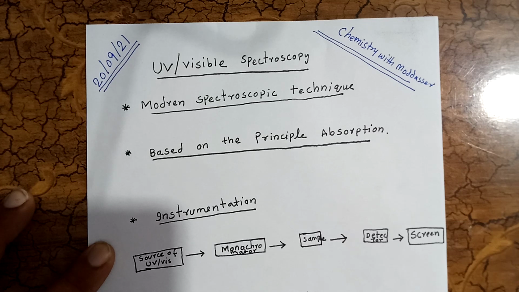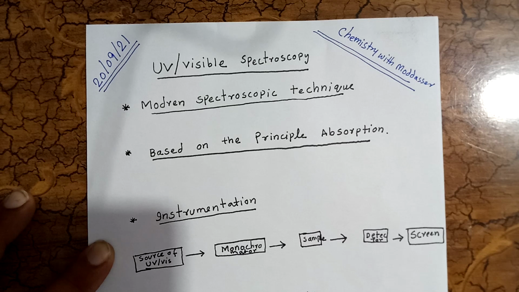In UV visible spectroscopy, UV visible light is used to interact with an organic or inorganic species. After their interaction, we can get a spectra, and that spectra gives us the clue that a particular analyte, a particular substance, a particular sample is what, and in which concentration.